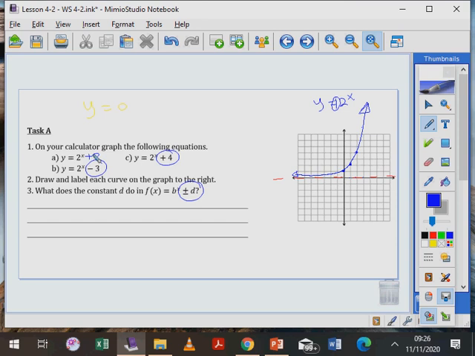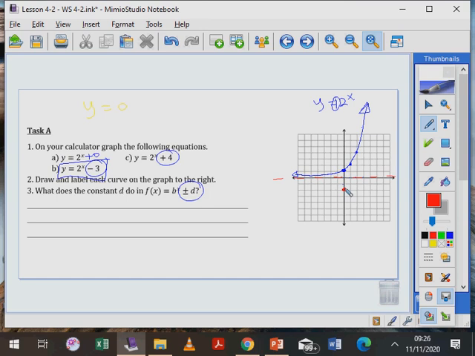So in this first one, 2 to the power x minus 3, what's going to happen is that graph will be shifted 3 units downwards, but it's shifted 3 units from the y-intercept. So the new graph's y-intercept will be 3 units down at this point, which is 1, 2, 3. So the new y-intercept for 2 to the power x minus 3 will be here.